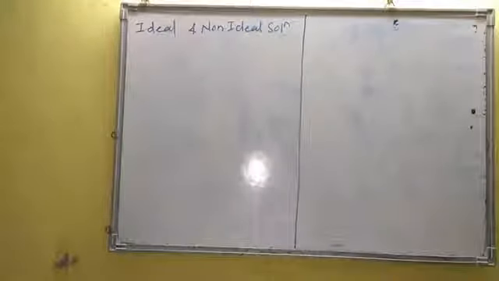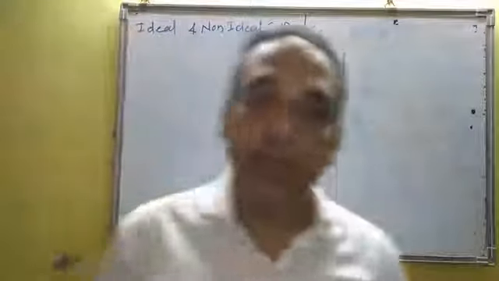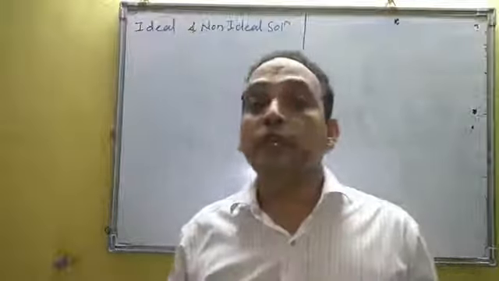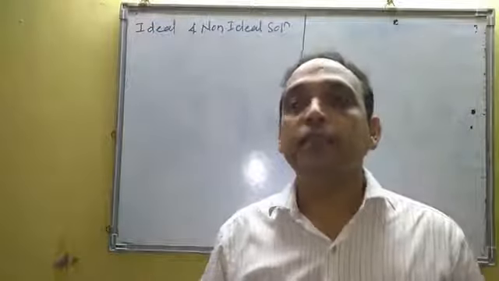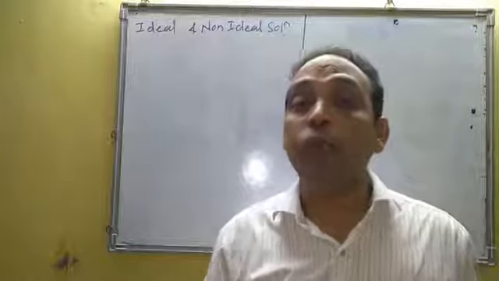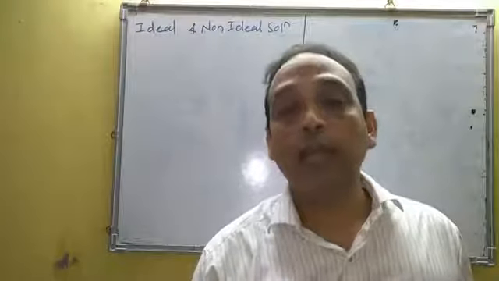Okay, dear student, our next concept is ideal solution and non-ideal solution. Now, which solution is called an ideal solution? And which solution is called a non-ideal solution? Ideal solution means the solution which obeys Raoult's law. What is an ideal solution?